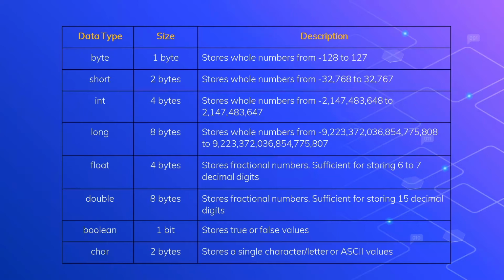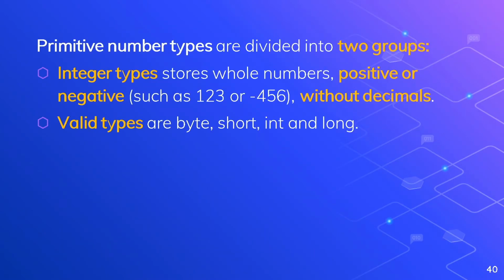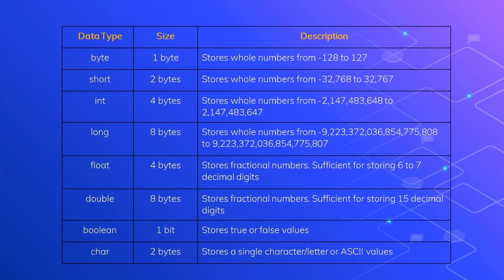Okay? So let's proceed. Primitive number types are divided into two groups. Primitive number types, meaning what are the number types? Going back here, they are byte, short, int, long, float, double.